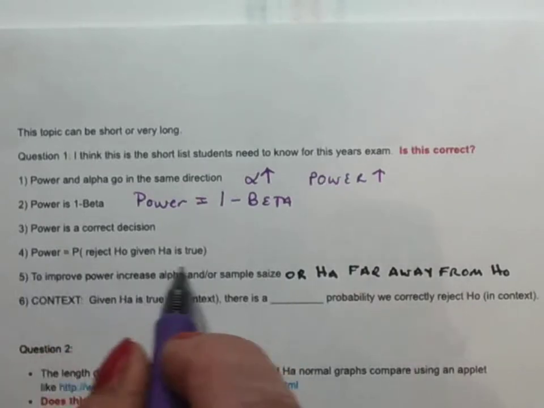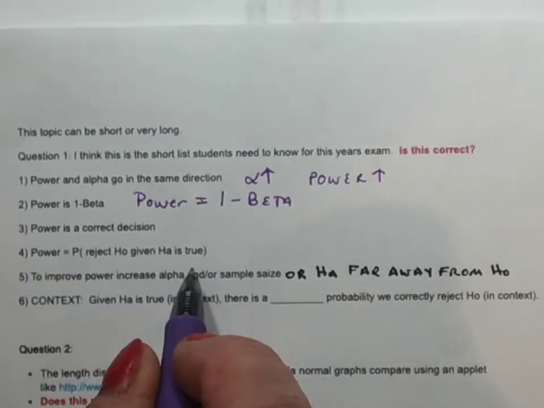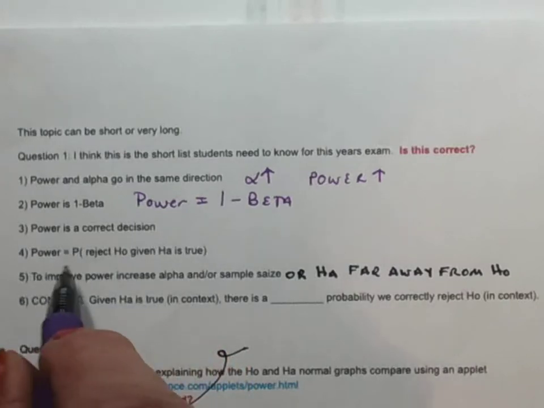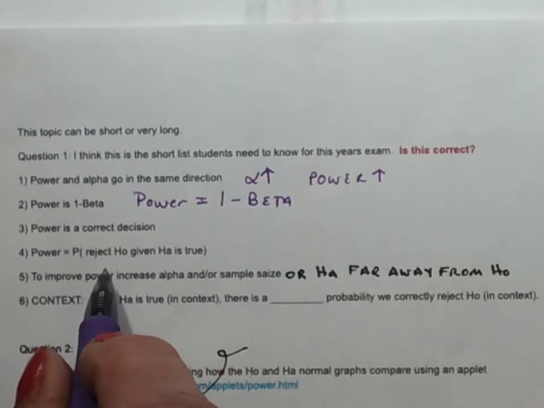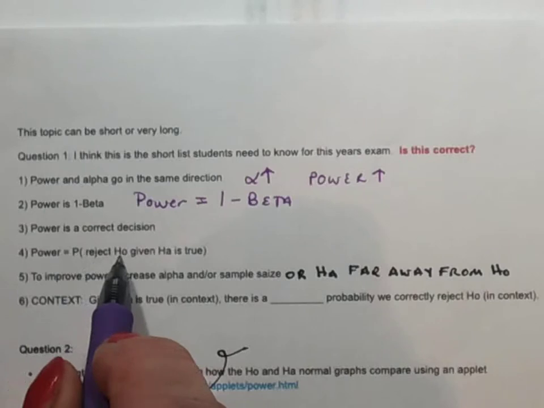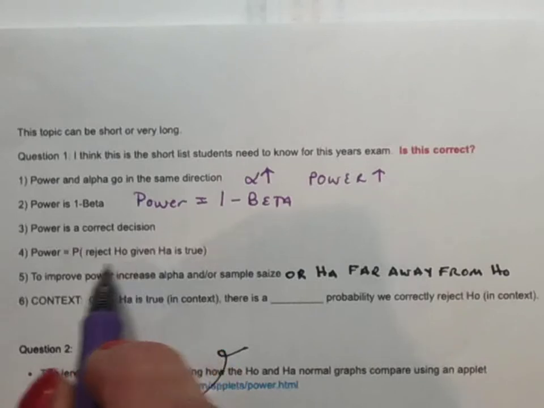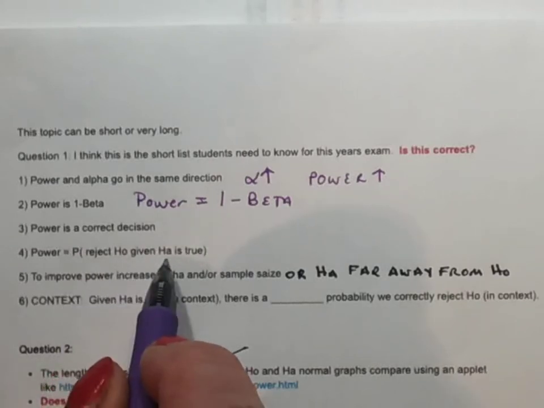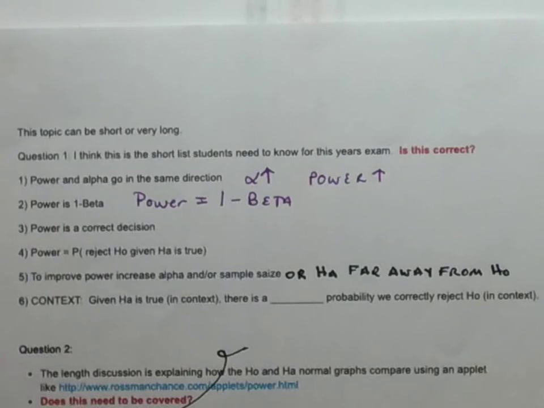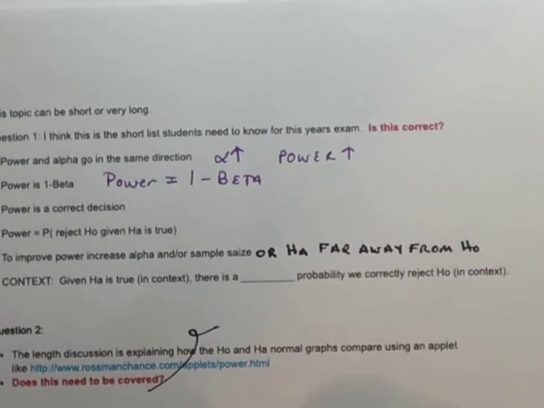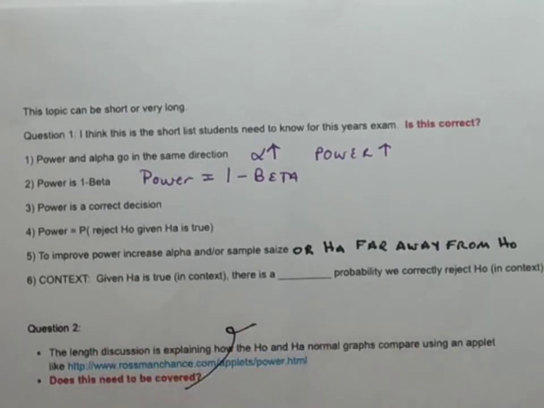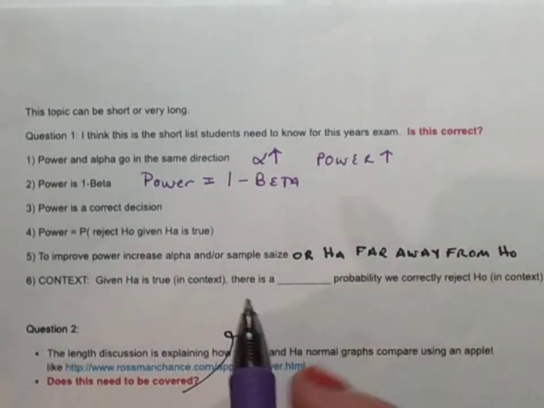More and more they like you to understand that power is a conditional probability. You're rejecting the null hypothesis given the alternative. You reject the null hypothesis given that the alternative hypothesis is true. There are 3 ways to improve power.